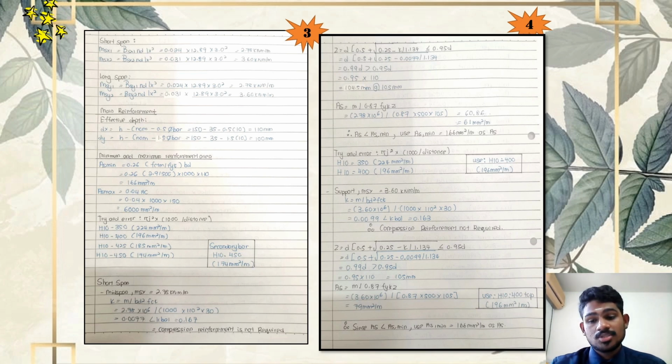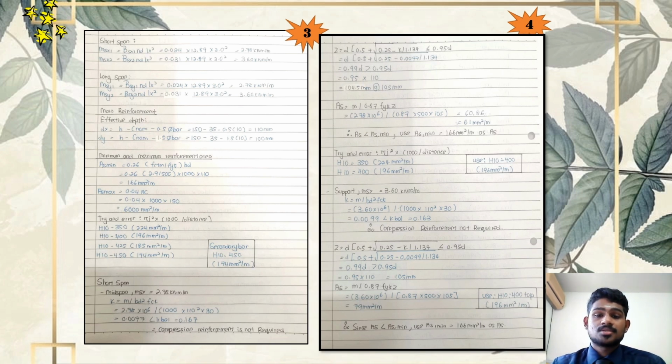The value of k that you will get is 0.0077. Here you can see the original value of k balance is 0.167. So the k that we get, 0.007, is less than k balance, so the compression reinforcement is not required.